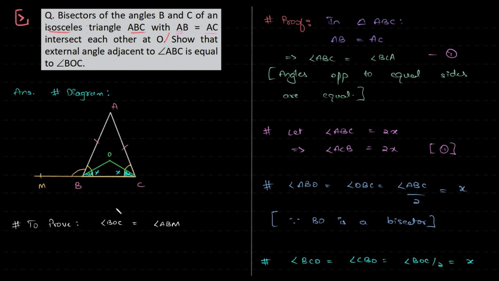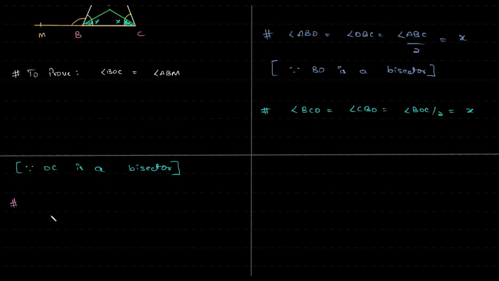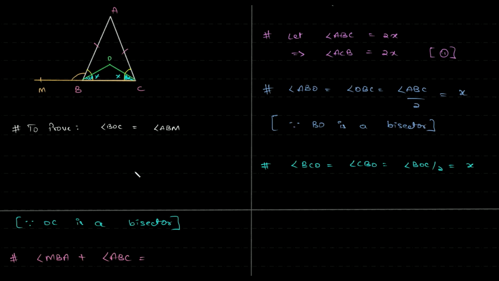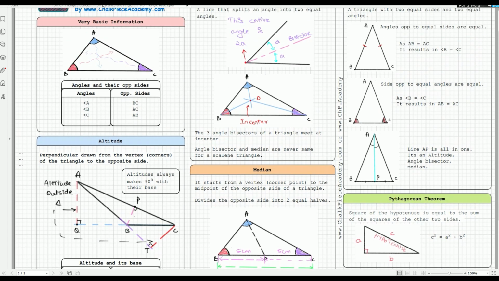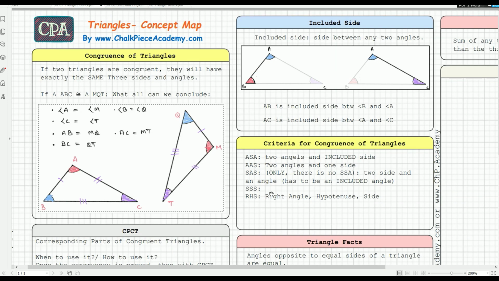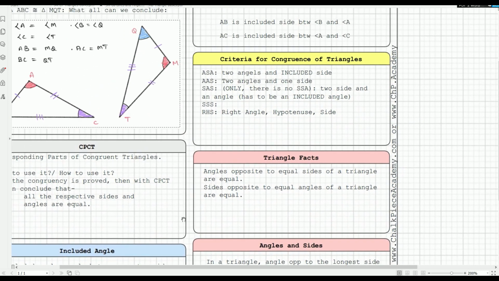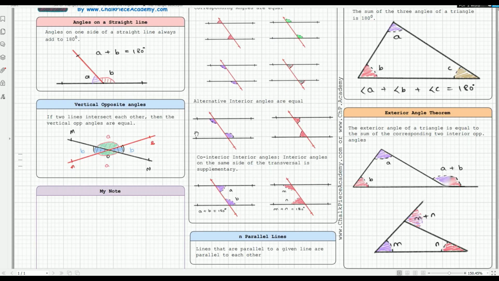Okay, so I'm going to show you guys. See, we have angle MBA plus angle ABC, right? There are 2 angles. It is equal to how much? Any idea? Yes, 180 degrees. Why is that? We have it in lines and angles.